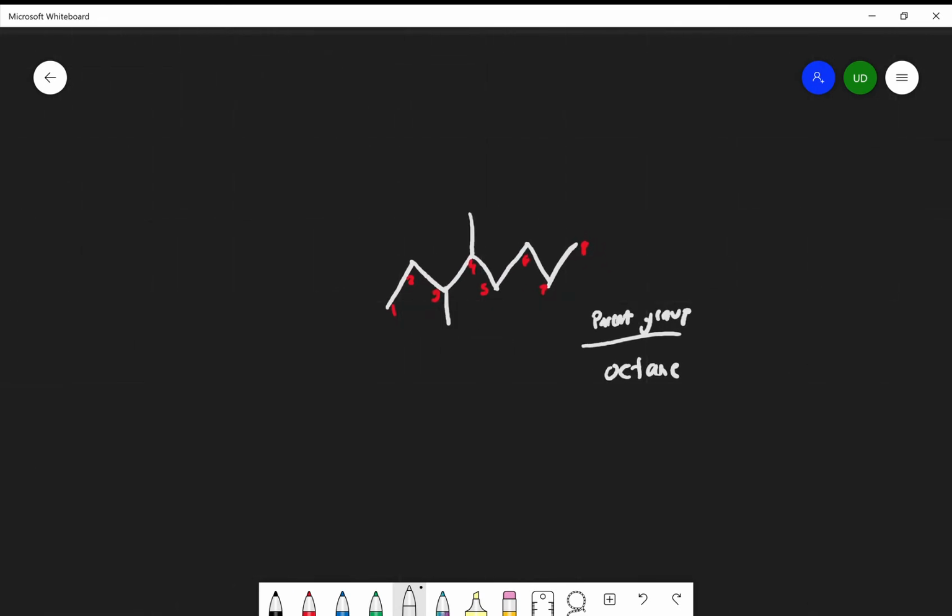Okay, since our parent group is octane, now we get to circle the other substituents. There's one on 3, and there's one on 4. The one on 3, we would call a methyl because it's just one carbon. Same thing with 4. There's only one carbon present, so this one would be 3-methyl, and this one would be 4-methyl.